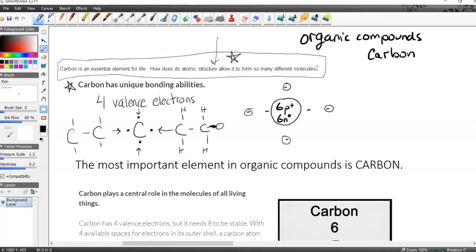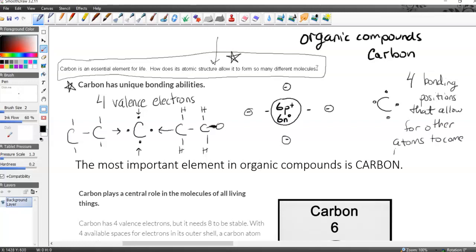So carbon, because it has these 1, 2, 3, 4 valence electrons, has 4 bonding positions that allow for other atoms to come in and bond with the carbon.